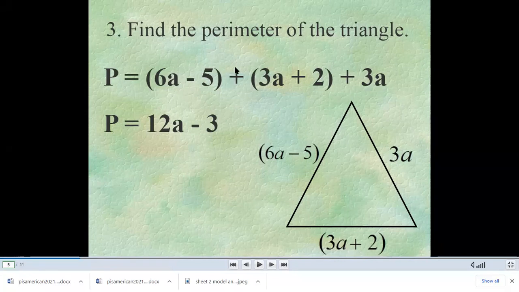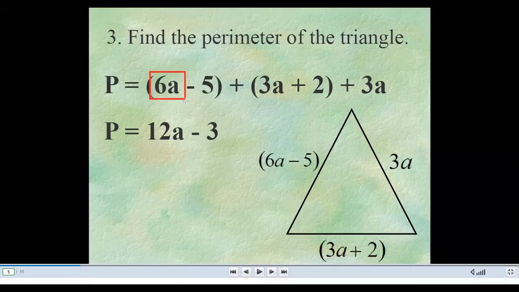Now we will search for the like terms. Where are the like terms in this expression in front of us? We have 6a, and we have 3a and 3a. Are these terms like terms?